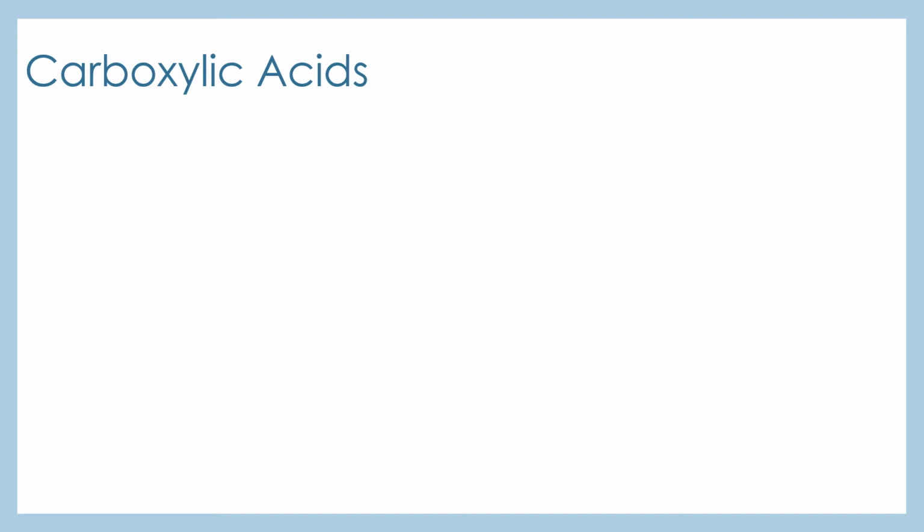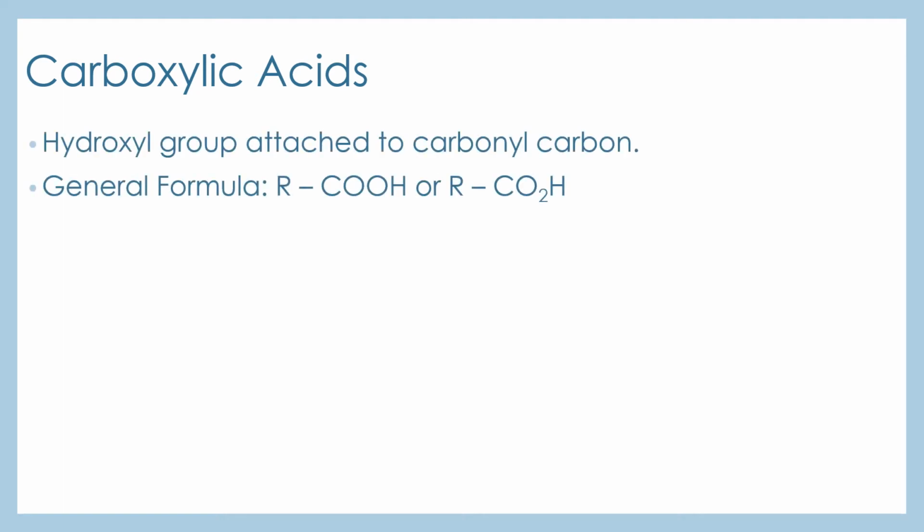Our next functional group kind of starts off another class of functional groups. So carboxylic acids are on their own a functional group. This is when you have a hydroxyl group attached to the carbonyl carbon. The general formula is RCOOH or RCO2H.